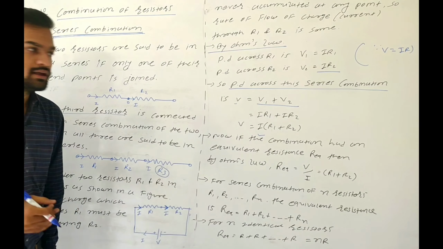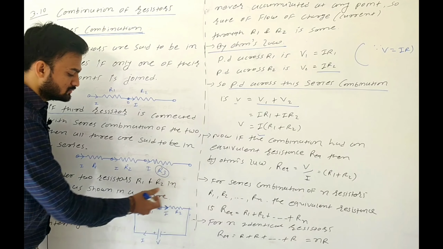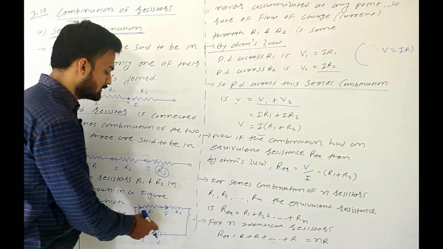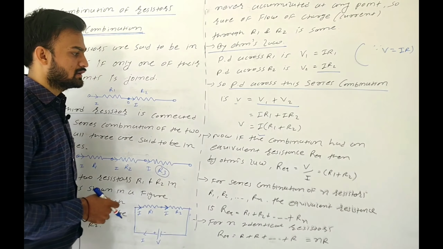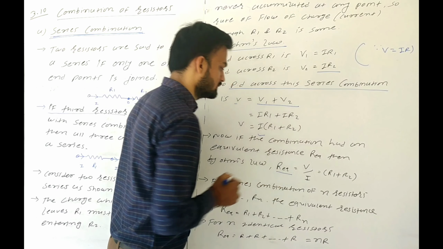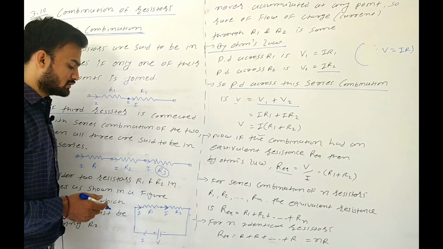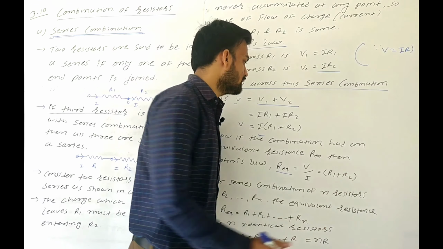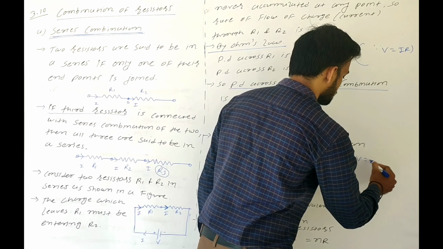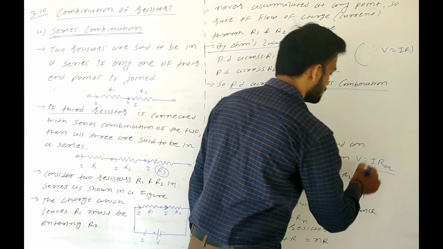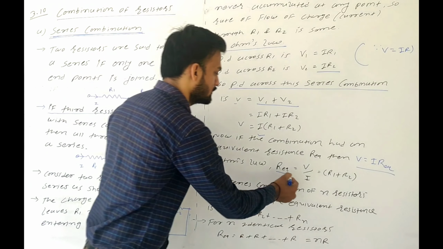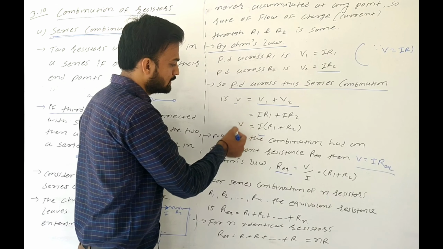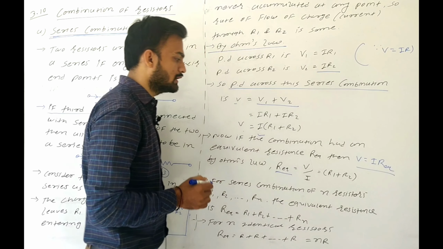Now instead of these two resistors R1 and R2 connected in series, if I take one effective resistance, R equivalent, then by Ohm's law V equals I R equivalent, so R equivalent equals V by I. Over here, V by I is nothing but R1 plus R2.